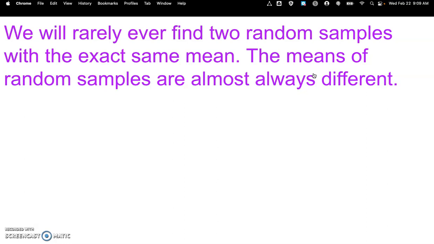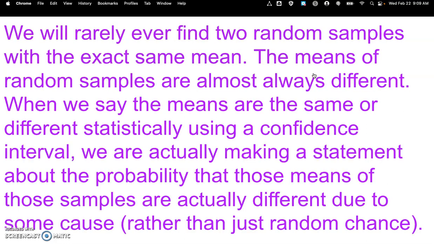And so when we're asking questions about the alternative and null hypothesis in statistics, when we're asking if the means are different, what we're really asking is a question about probability.